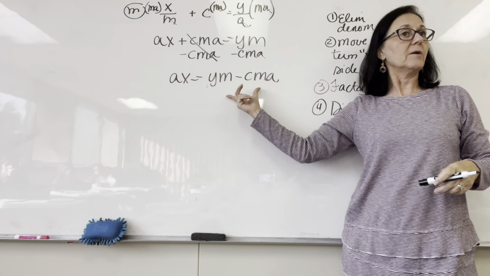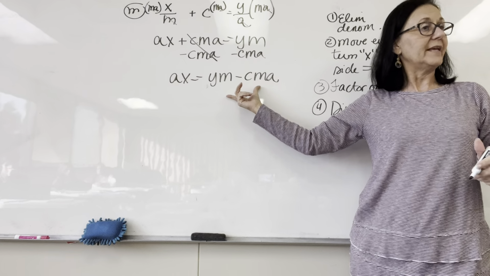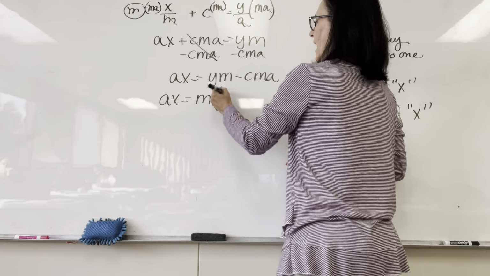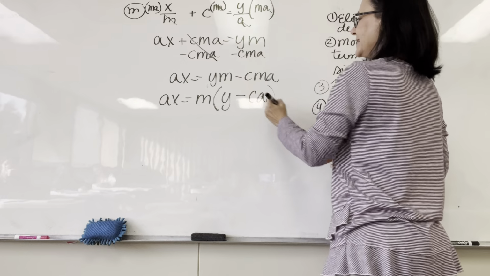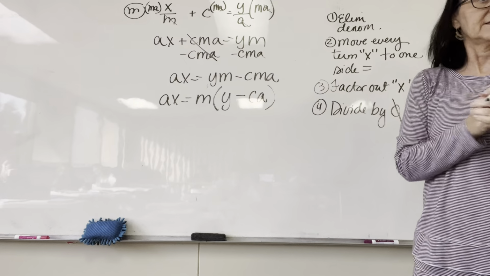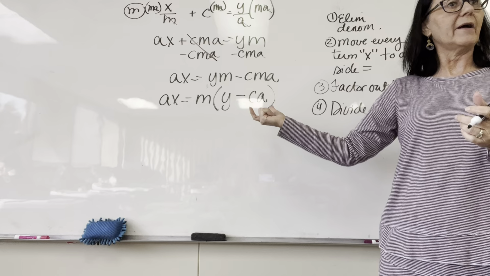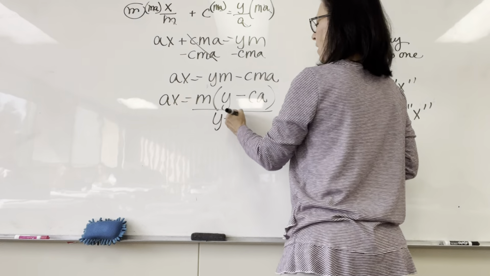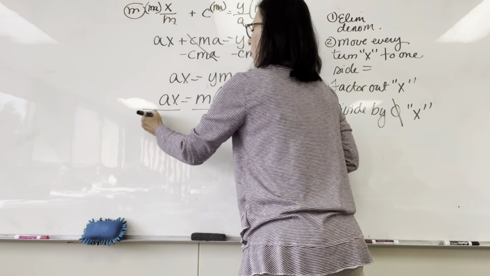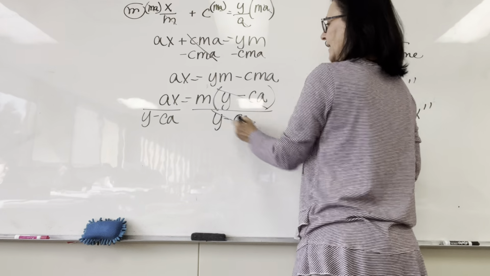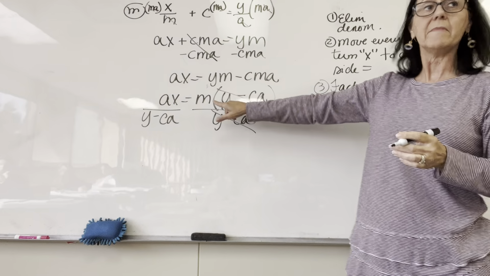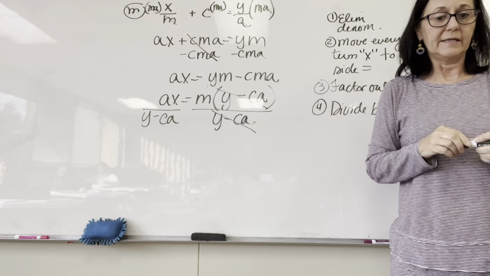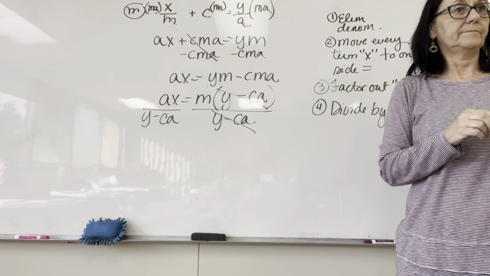But since all of the terms on this side have the m in it, I can factor the m out. I'm left with y minus ca in the parentheses. Now because m is multiplied by that binomial, I can divide both sides by y minus ca, and that eliminates. So I'm left with m equals ax over y minus ca.